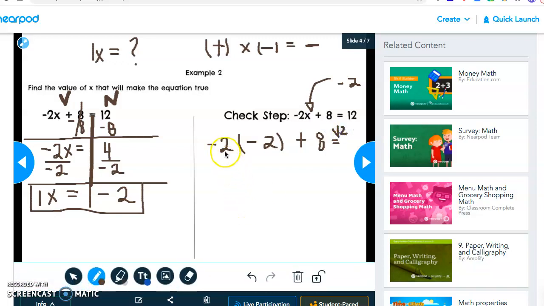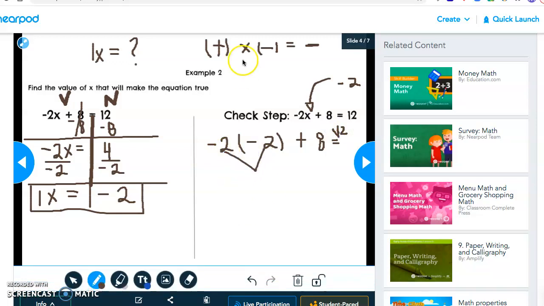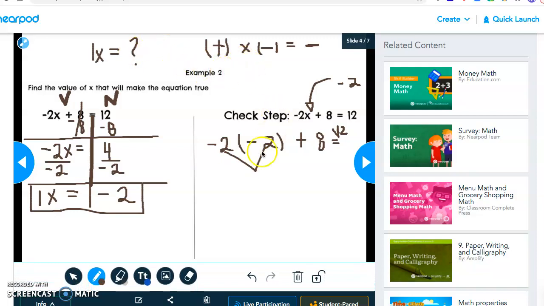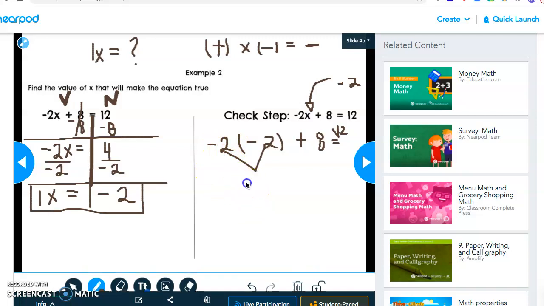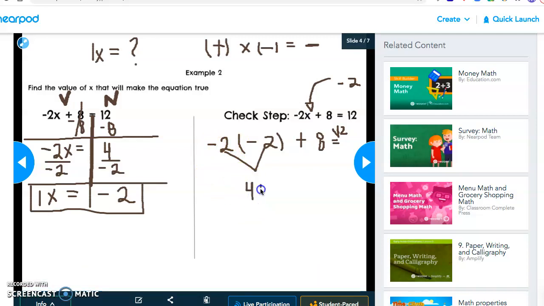Okay, negative 2 times negative 2. Remember, same signs with multiplication or division gives me a positive number always. Same signs here. Negative 2 times negative 2 is a positive 4. So I get 4 plus 8 equals 12.